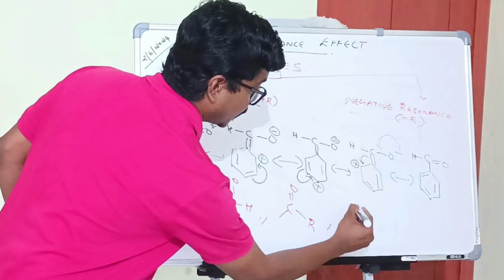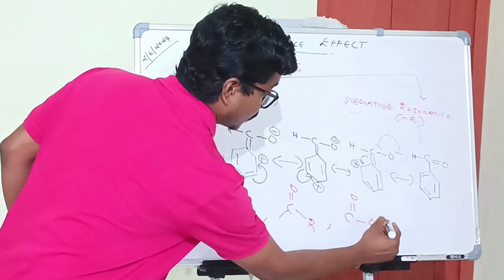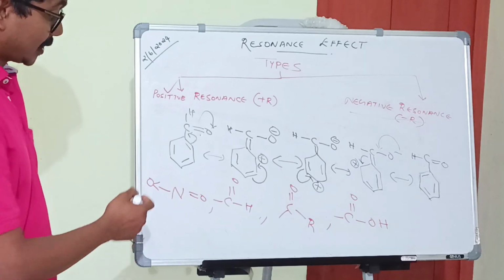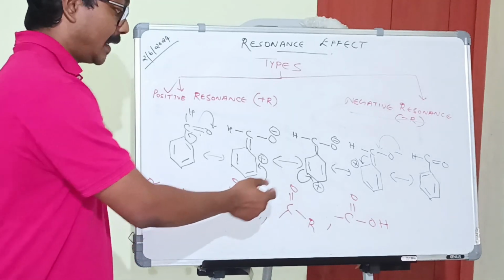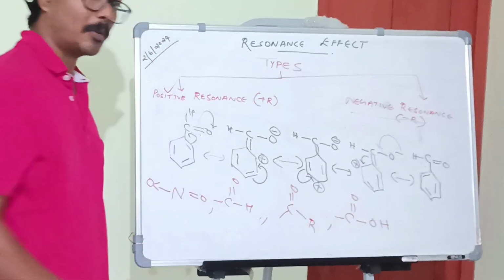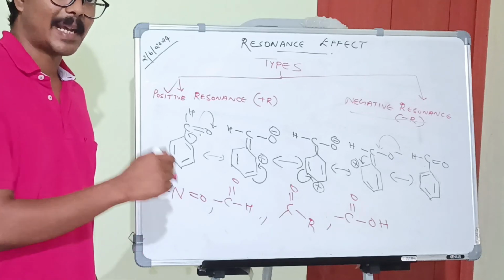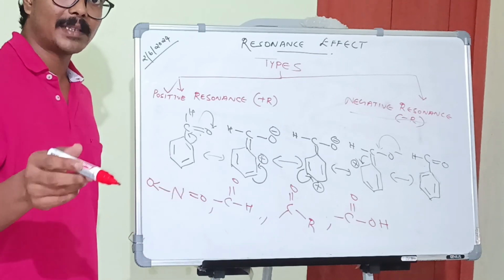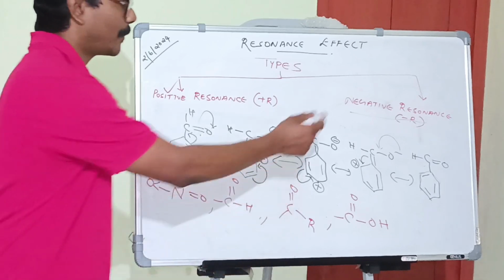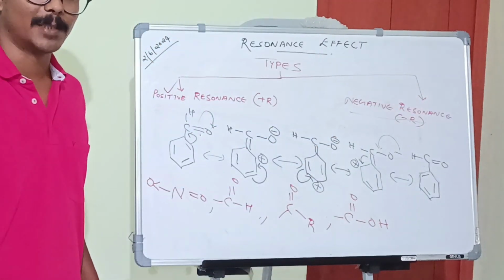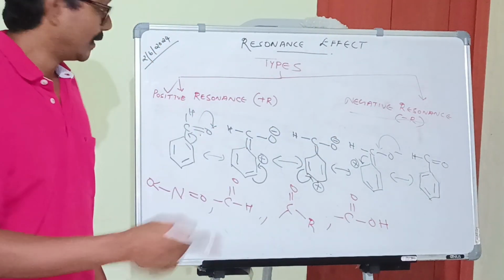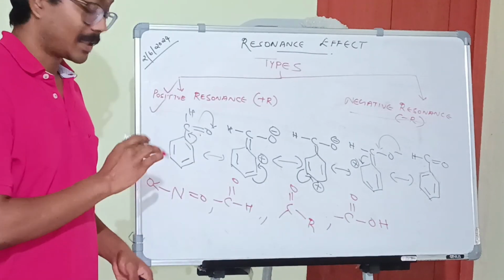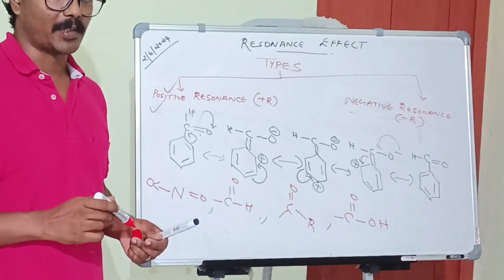Or C double bond O OH, an acid group, etc. So a nitro group, aldehyde group, keto group, acid group. What is the specialty there? A double bond is there. That is the trick. If a double bond is carried by the substituent group, there is a chance of effective negative resonance. If a lone pair is there, there is a chance of positive resonance. Okay. So remember, these are the two types of resonance effects.